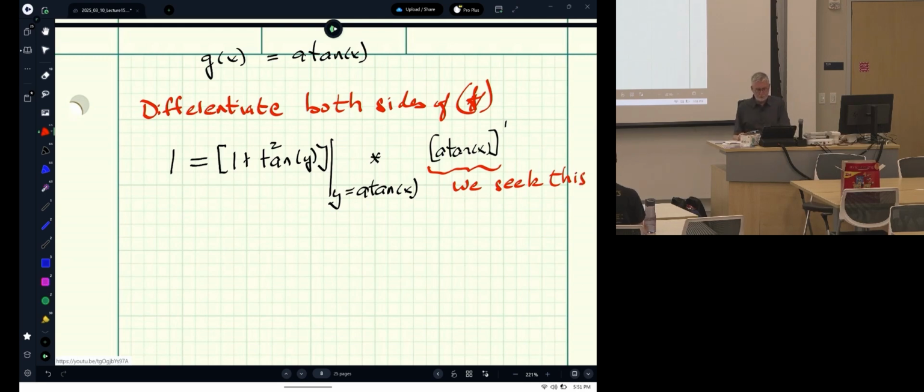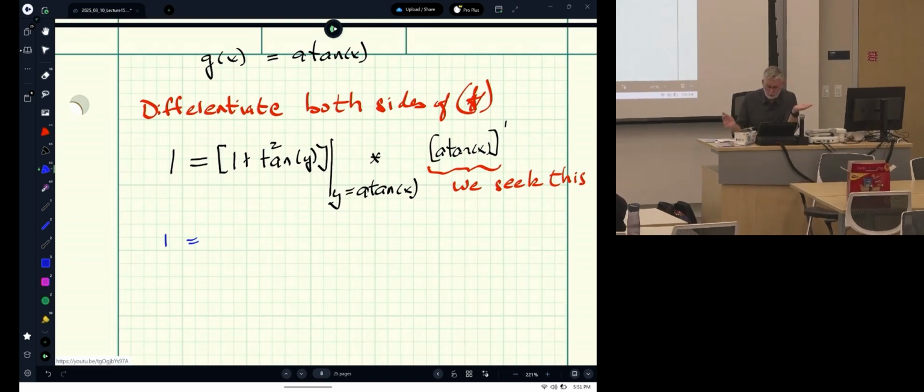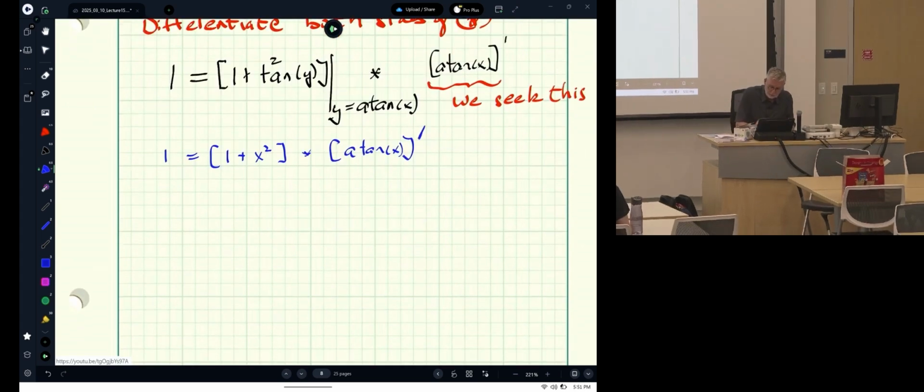So that's what we're trying to find out, but we know now that when you multiply the derivative of arctangent of x times what's on the left, you get 1. What you have here is 1 equals, and when I plug in y equals arctangent of x into tangent of x, I get x. So this is 1 plus x squared times arctangent of x prime. And now it's just algebra.